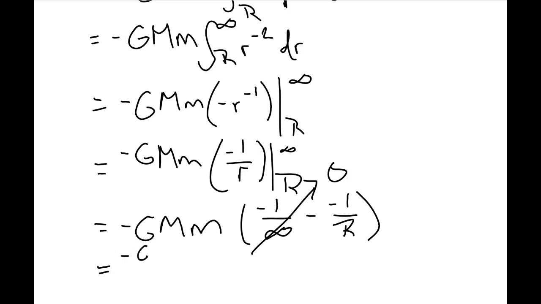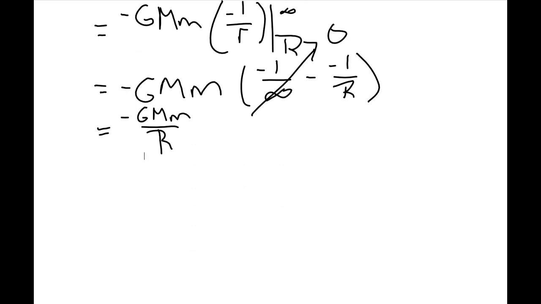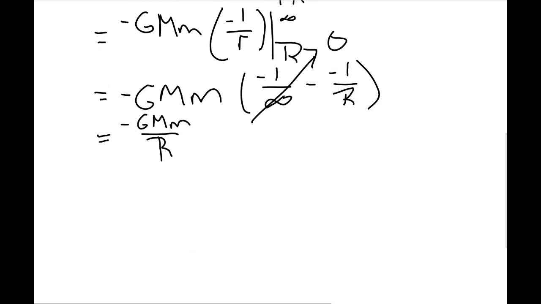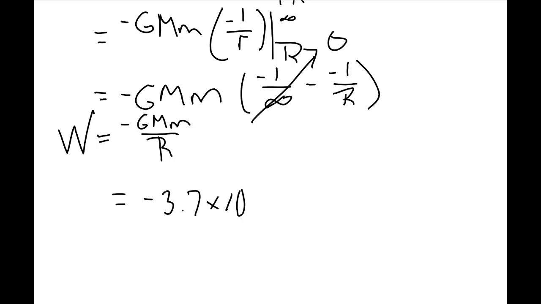So we end up with negative GMm over r, okay? And that's going to get us our work in terms of how much work it takes for us to leave Earth's gravitational hold. And really, when you plug in all the values, you get about 3.7 times 10 to the 9th joules, okay? And the negative sign just means into which system the work is moving. So you can essentially ignore it for the moment as we consider this.